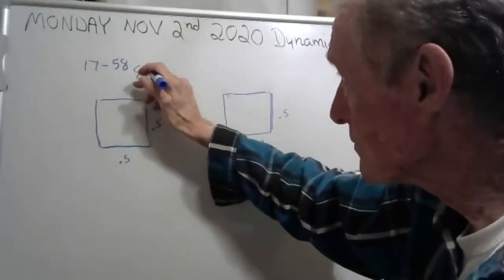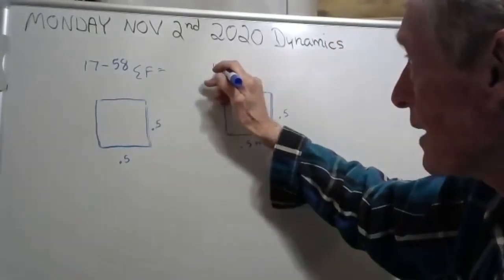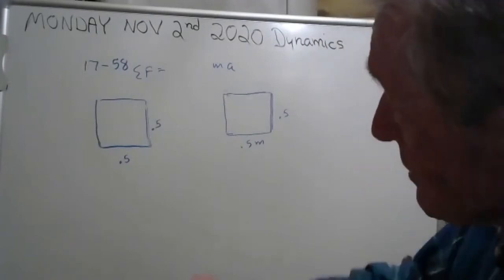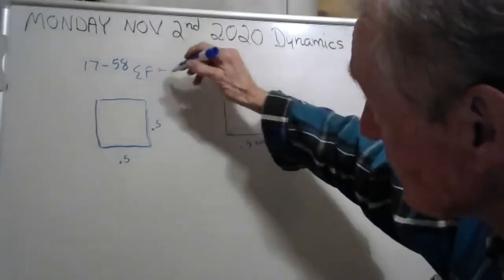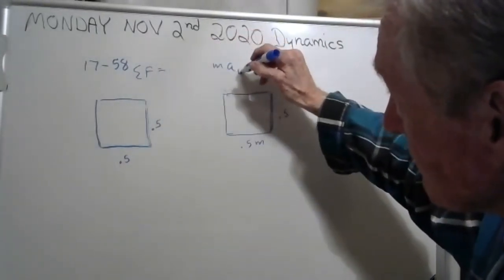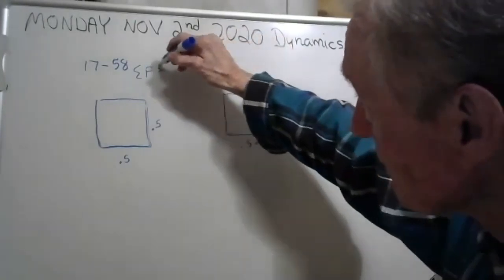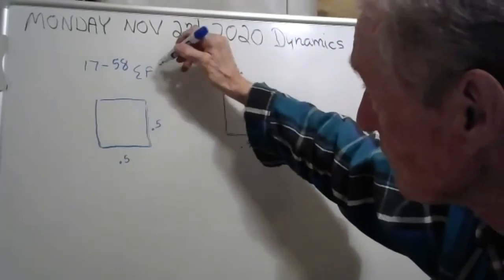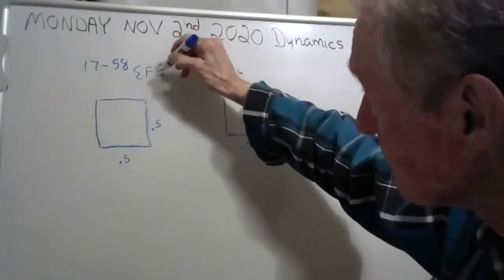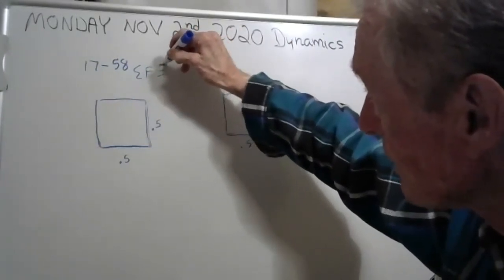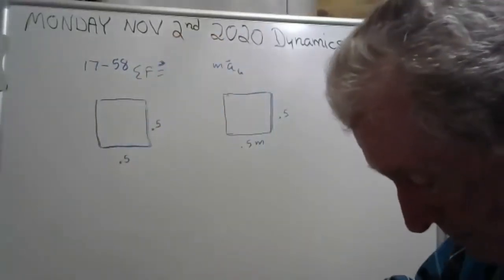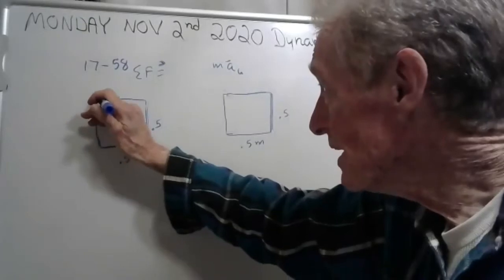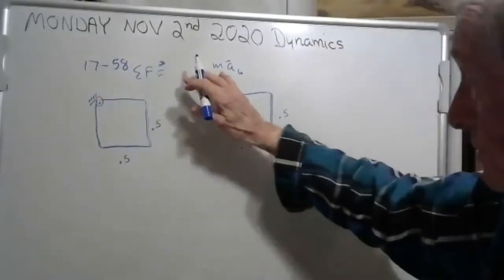We have the sum of the forces equals ma. That's Newton's second law for translation. And so we'll put all of the forces in red on this diagram here. And we'll put the kinetic forces on this diagram here.